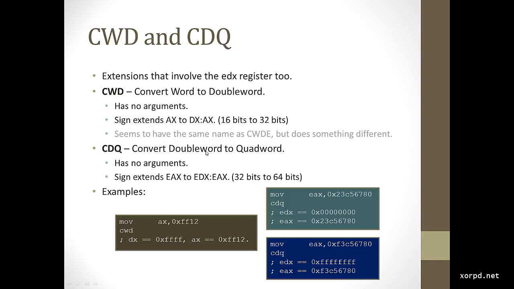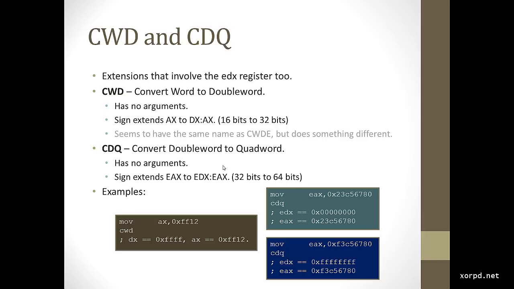Why is that? I remind you that we consider word to be 2 bytes. So double word means 4 bytes and quad word means 8 bytes, which is 64 bits. CDQ has no arguments and it sign extends EAX to EDX EAX. So actually it extends 32 bits to 64 bits.